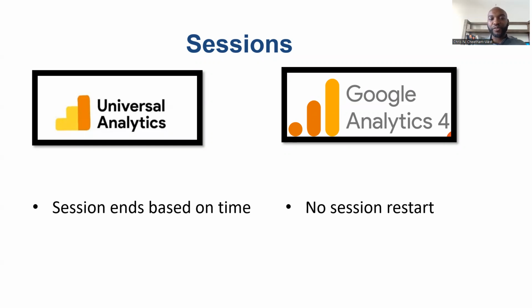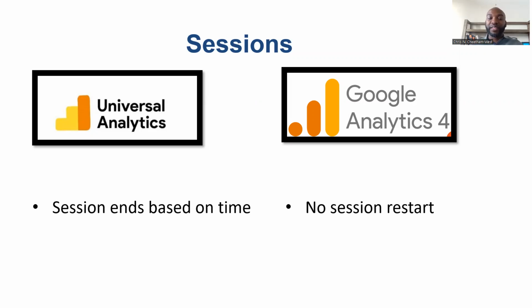So the first difference is the session. In Universal Analytics, the session ends based off time. Maybe a person's on your website and they leave their computer on and go out to dinner, for example, and 30 minutes pass. Guess what?